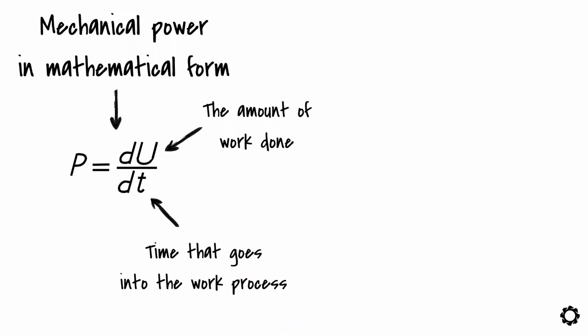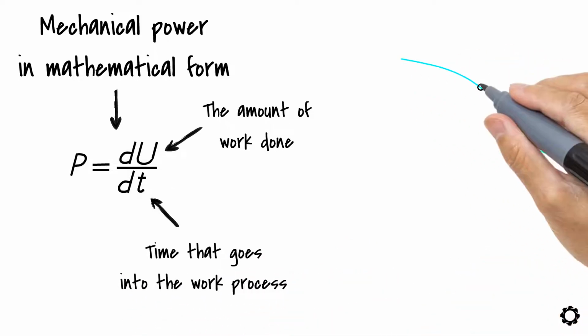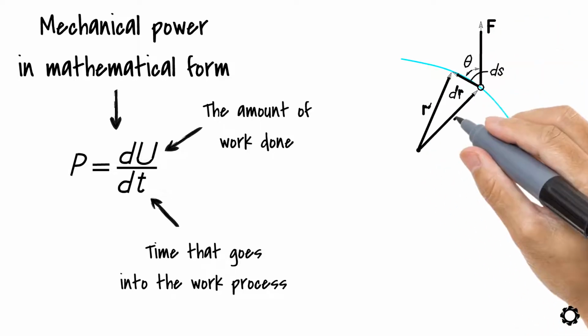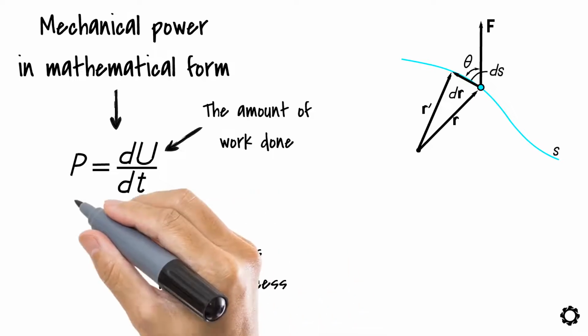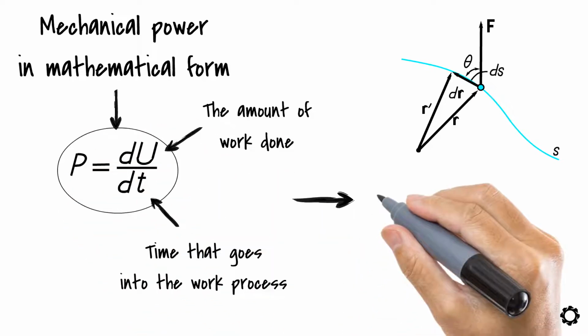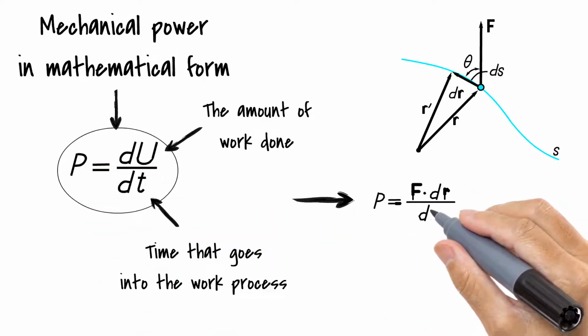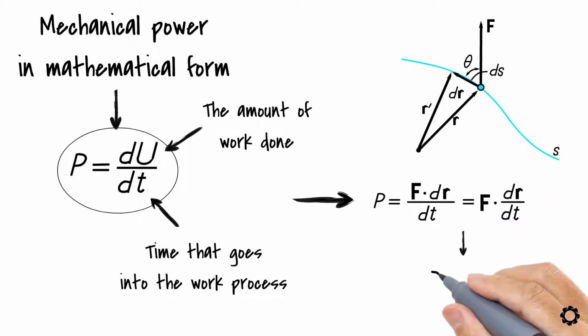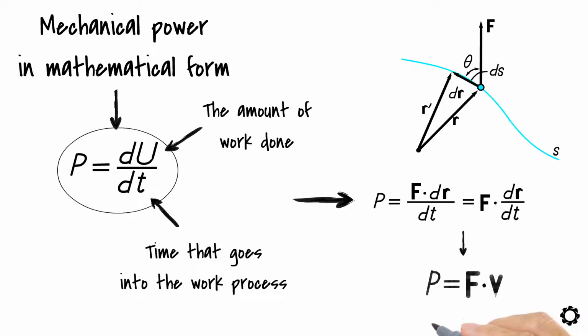As you have already learned, the work done is related to the displacement of the object that is caused by the applied external force. Therefore, we can also express this equation as follows. P = F · dr/dt, which finally becomes P = F · v.